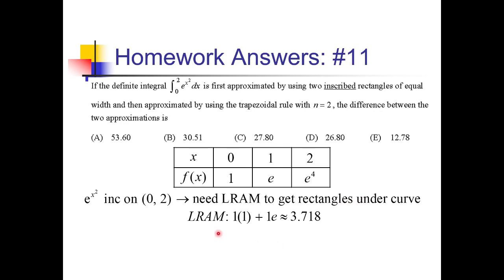Okay, now for the trapezoidal rule, we basically need to do base 1 plus base 2 divided by 2 times the interval length. So for our first trapezoid, we've got 1 plus e over 2, and then times the interval length of 1. For the next trapezoid, we need e plus e to the 4th over 2 times 1.